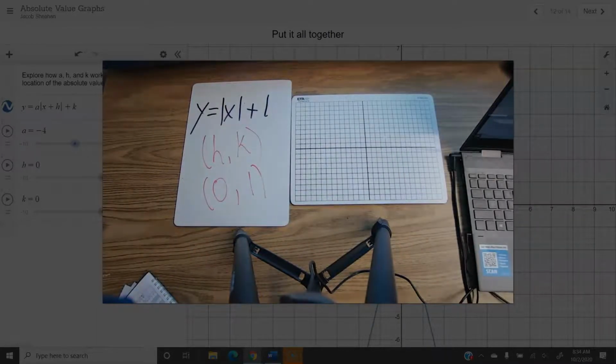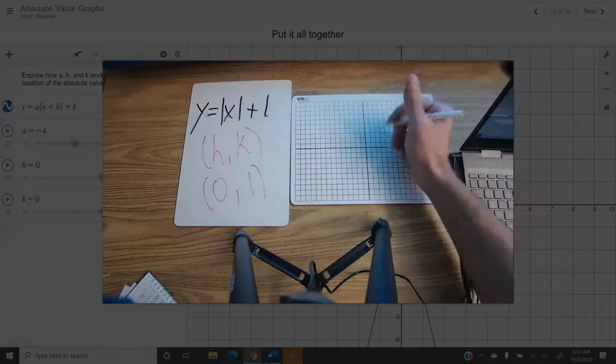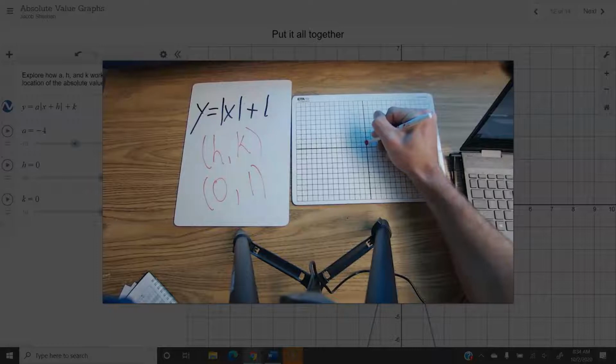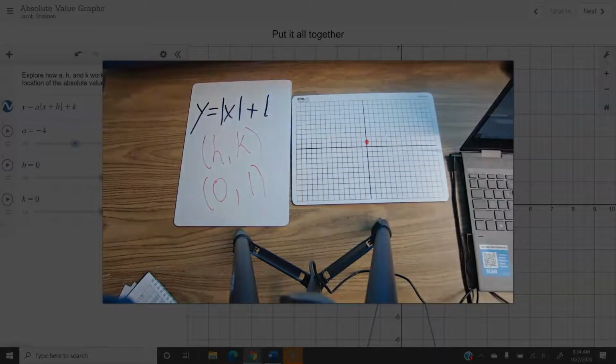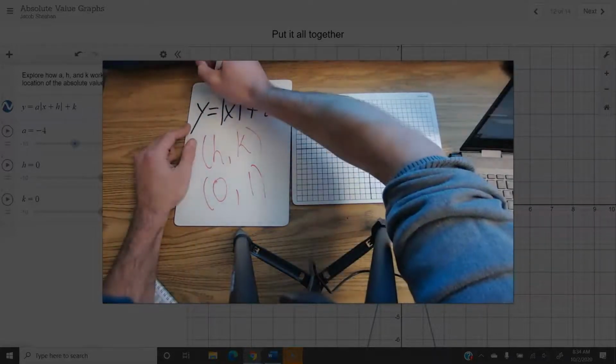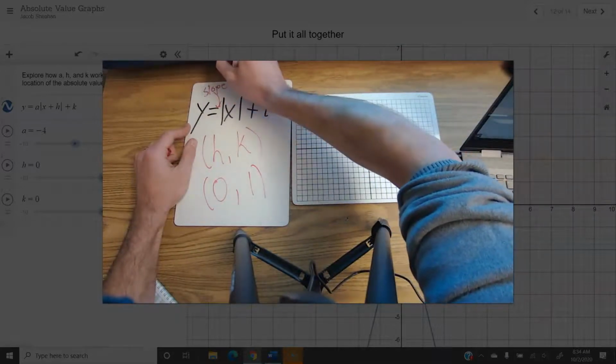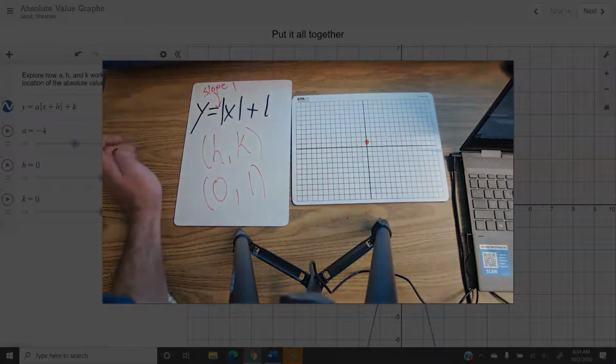So what that means is we have to start here. This is our vertex. And then we're going to follow our slope. Just like how I started off showing the parent function in the video, I had a set to 1. That is what is in front of here. It has a slope of 1.